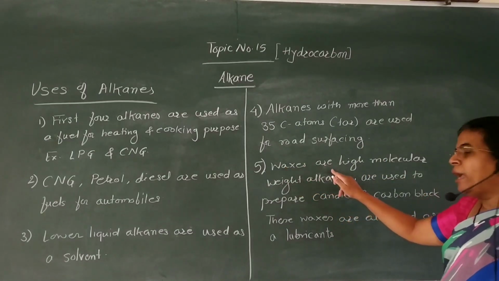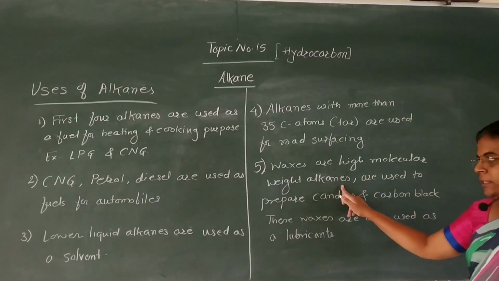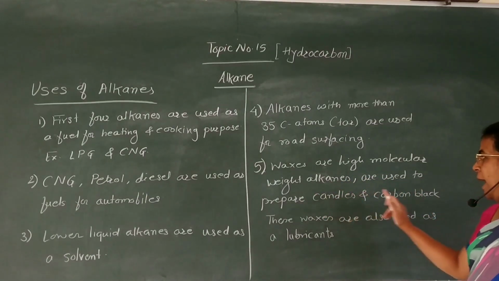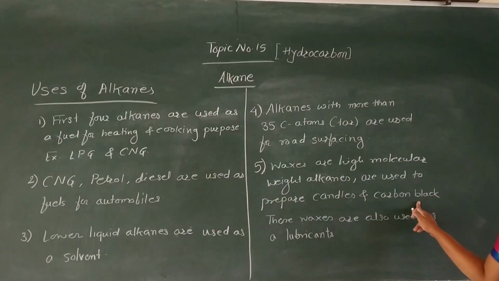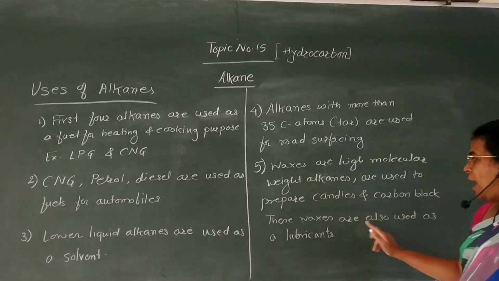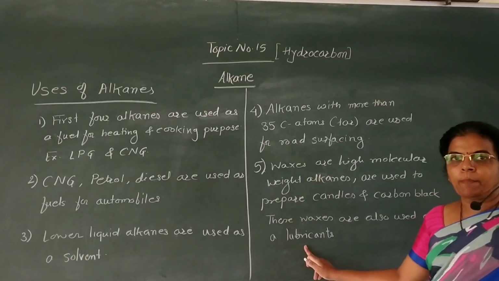Number 5, waxes are higher molecular weight alkanes which are used to prepare candles and carbon black. This carbon black is used to prepare ink or black pigments. These waxes are also used as lubricants.